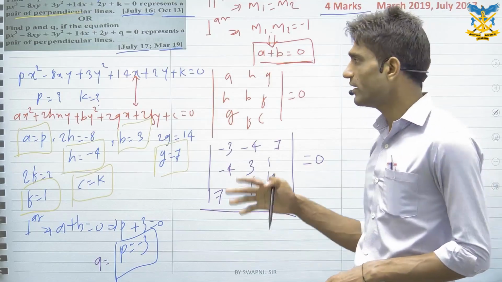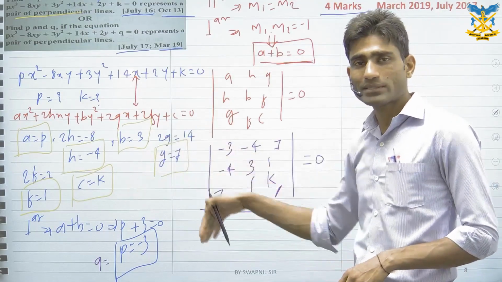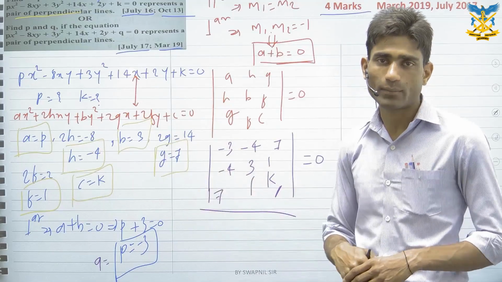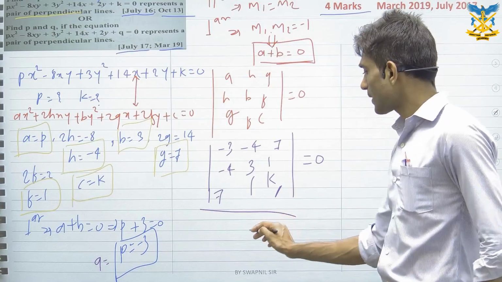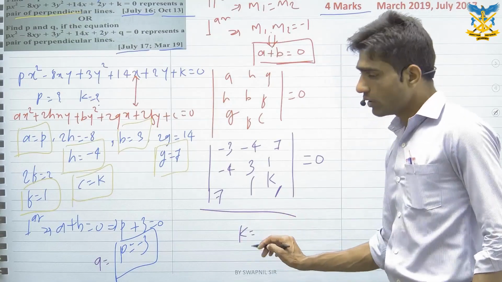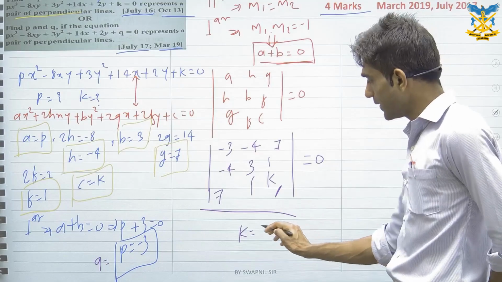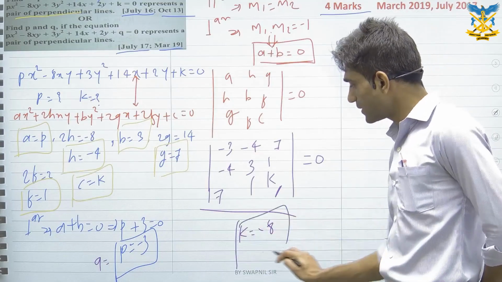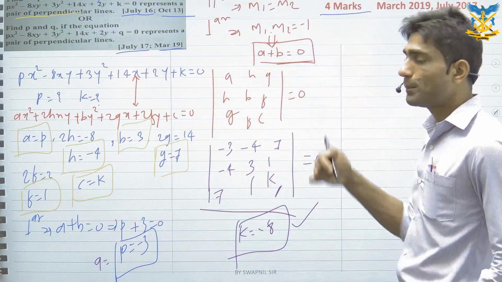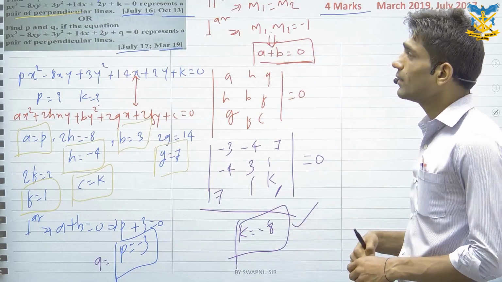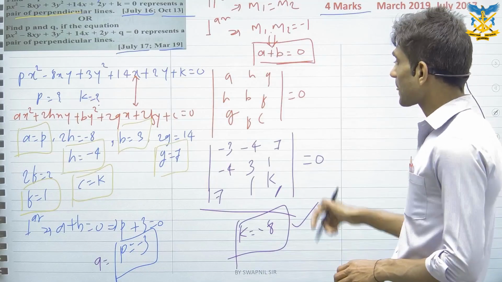If you didn't understand, go to my previous slide and see it. So I directly write the answer: k is equal to negative 8. This is our required solution. So we have the values of p and k.